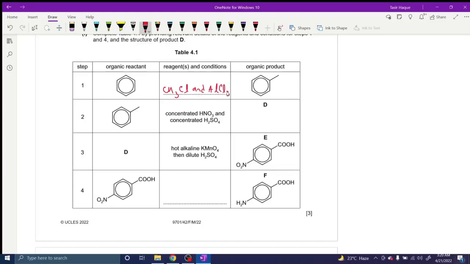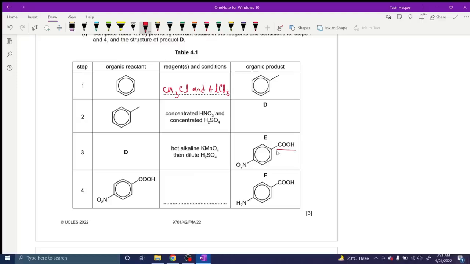Now we want to carry out nitration. However, you gotta take something into account. Okay, you need to take something into account. What is that? Basically, you have to think about the future. What happens in compound E?